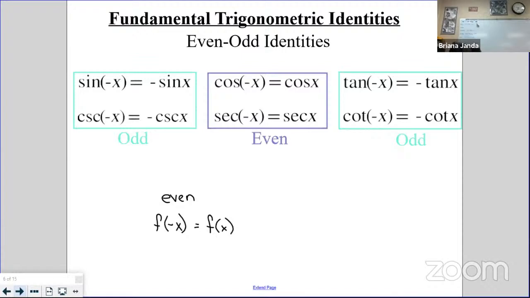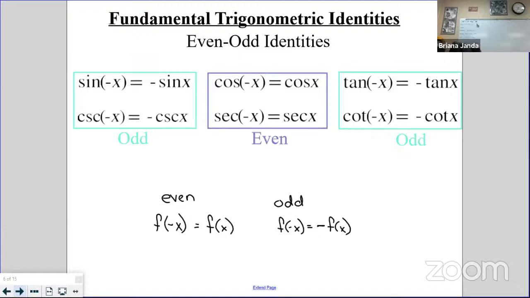Where an odd function was if we plugged in a negative x to our function, all of the signs in our function would switch, or we would get the negative version of the function. Well, these are functions and it is no different.